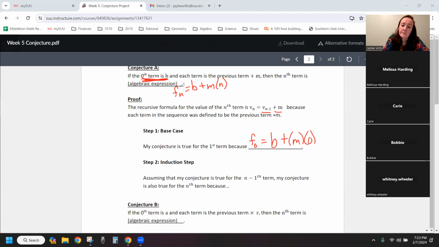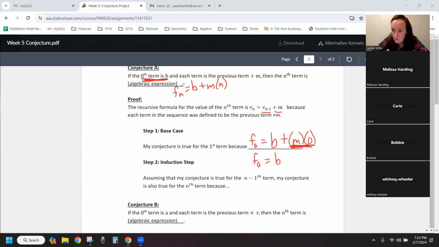Yep, exactly, Tess. So when you do m times 0, anything times 0 equals 0 because of the, no, not identity, 0 property of multiplication. And so by the 0 property of multiplication, that part's going to equal 0. And so that means that your 0th term is just b.